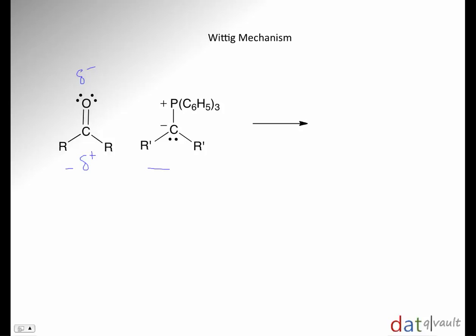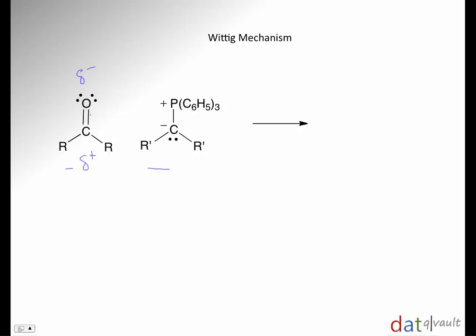Since carbonyls are extremely polarized between the carbon and the oxygen, this is what they look like charge-wise. So the fact that we have a negative charge lined up with a positive charge, and the negative charge of the carbon here lined up with the partial positive charge on the carbon of the carbonyl, we can actually draw reaction arrows now.